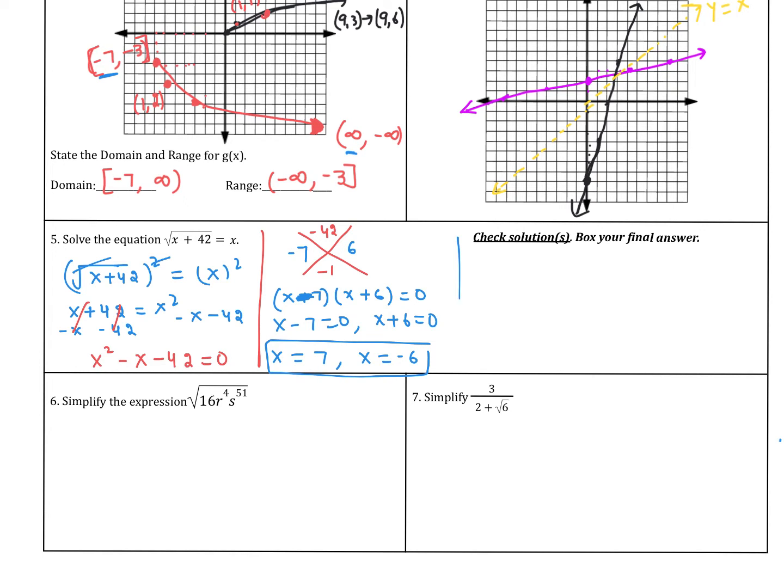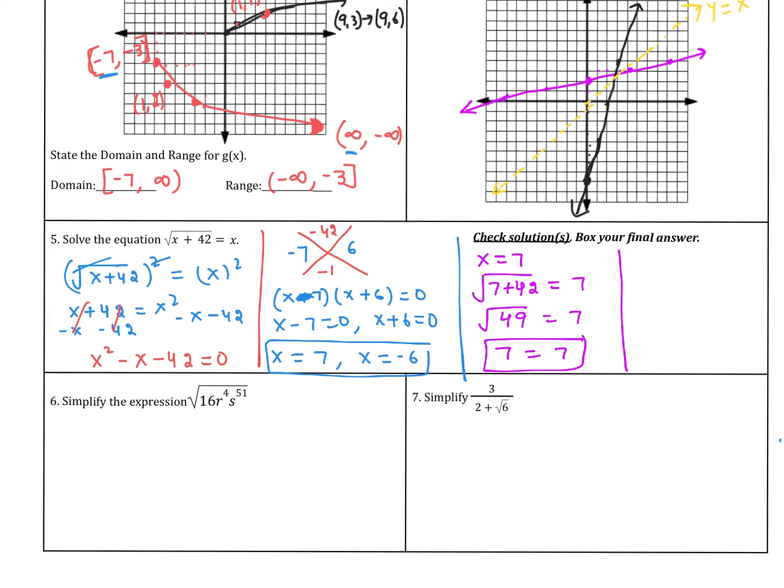Only one of these answers is going to be true, which means we have to check the solutions. First we check 7. Square root of 7 plus 42 equals 7. So this is square root of 49 equals 7. So 7 equals 7. Square root of 49 is 7.